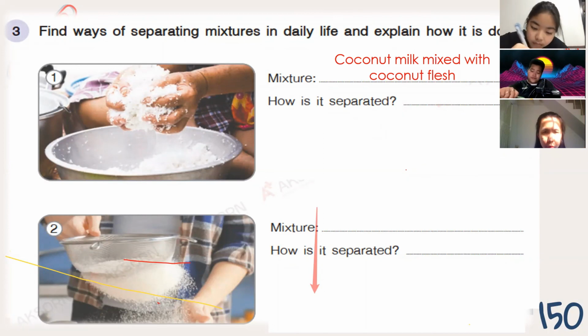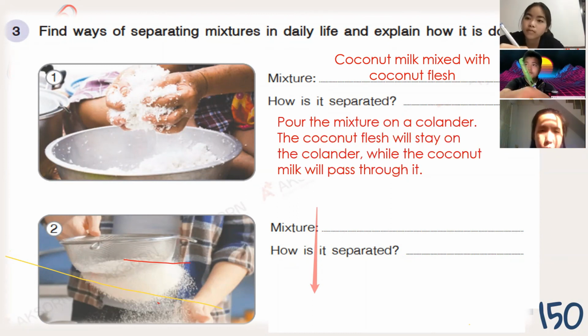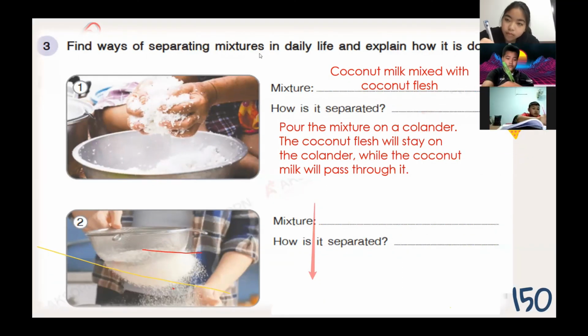How is it separated? We have to use a colander. You have to pour the mixture on the colander. The coconut flesh will stay.